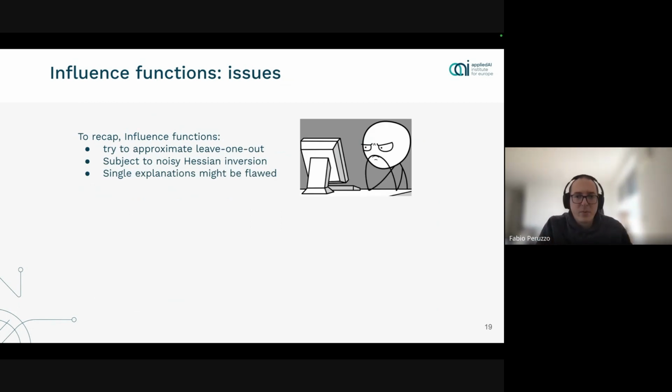Let's sum up what we have just seen. To recap, influence functions try to approximate leave one out, but not really, because the definition that we're given goes until full convergence, which is totally useless in applications. And then we have some epsilon upscaling, which is an approximation of leave one out, which is already an approximation of, let's say, a perturbation of the initial training data set.